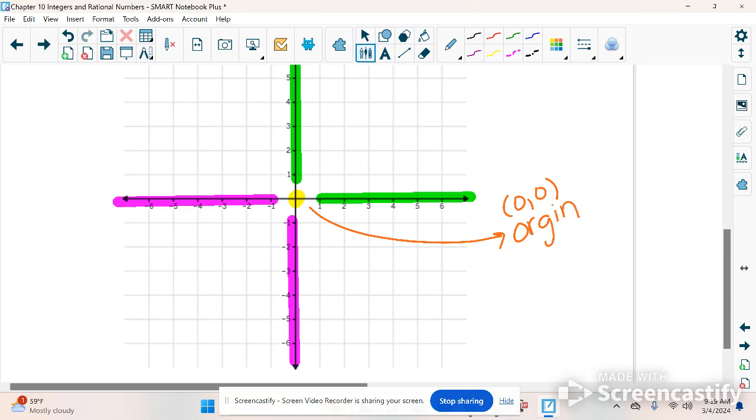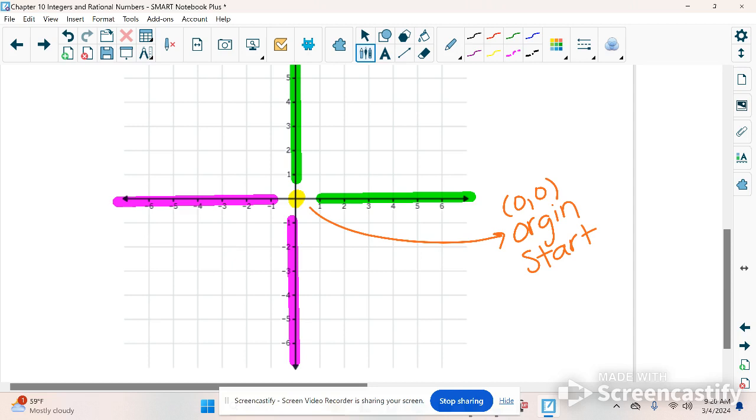O-R-G-I-N. Is your origin. Origin means original or the start, the starting place. Okay, that's where we start. Every single time we start at the origin. And then we have what's called axes.